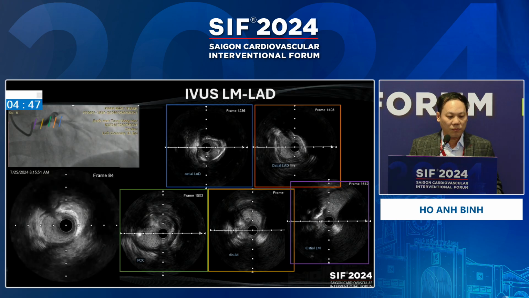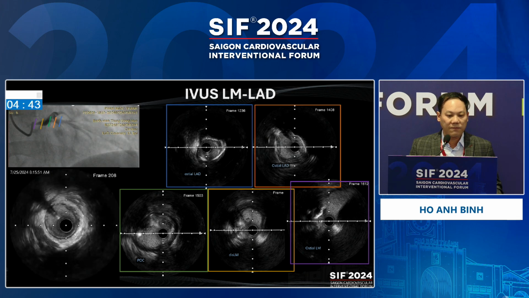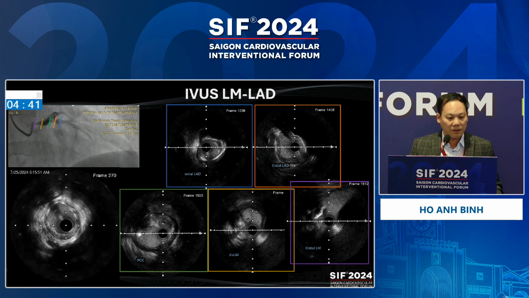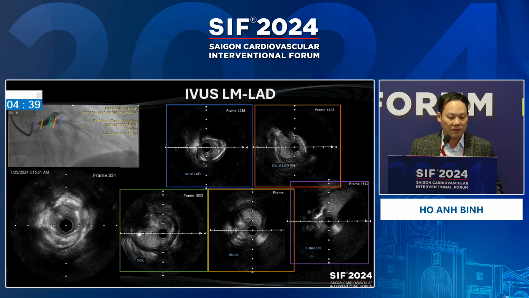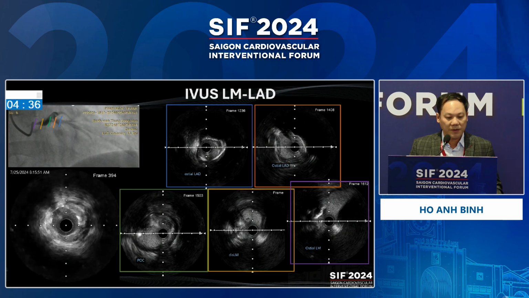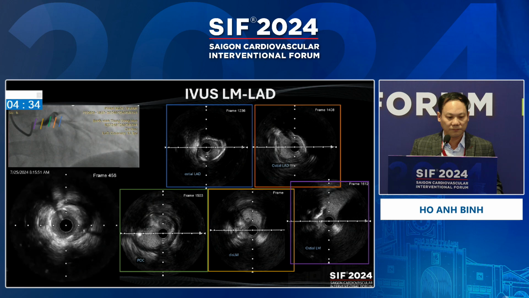After we use a balloon, we check by IVUS, and we see very tiny lesions in the left main.